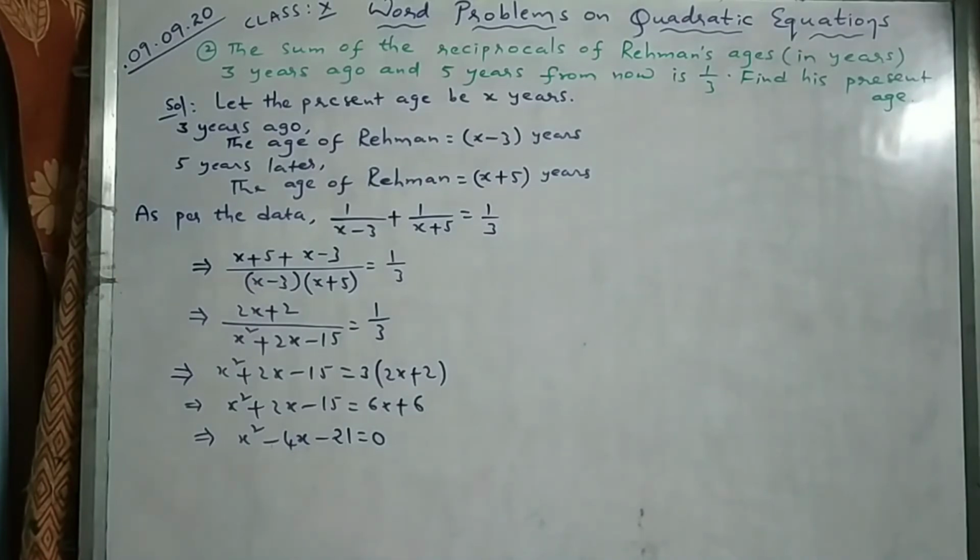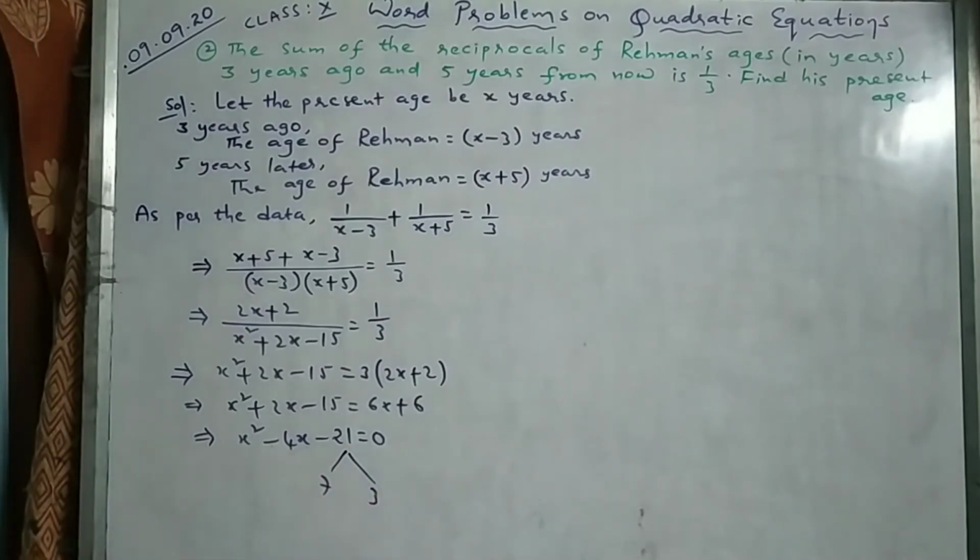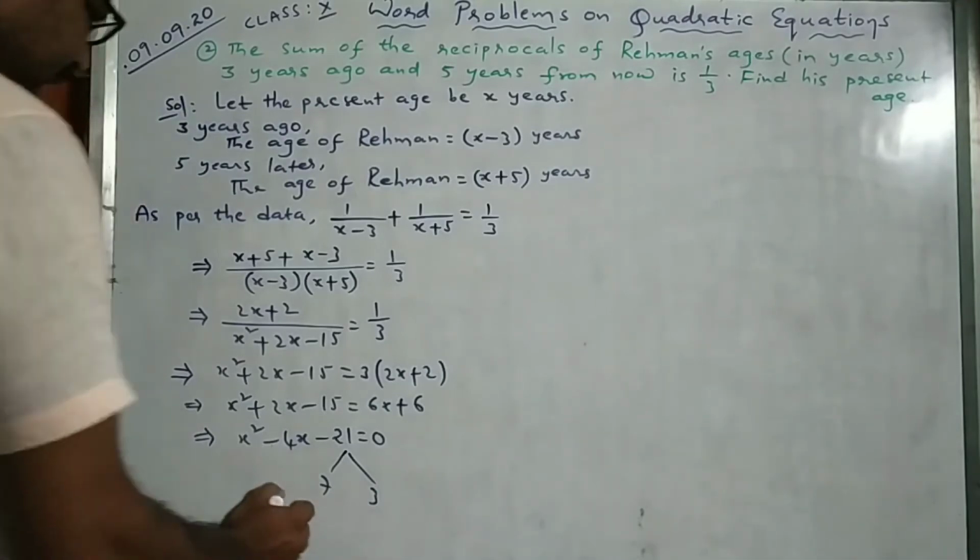You can factorize this, right? 7 threes can I write? 7 threes are 21.